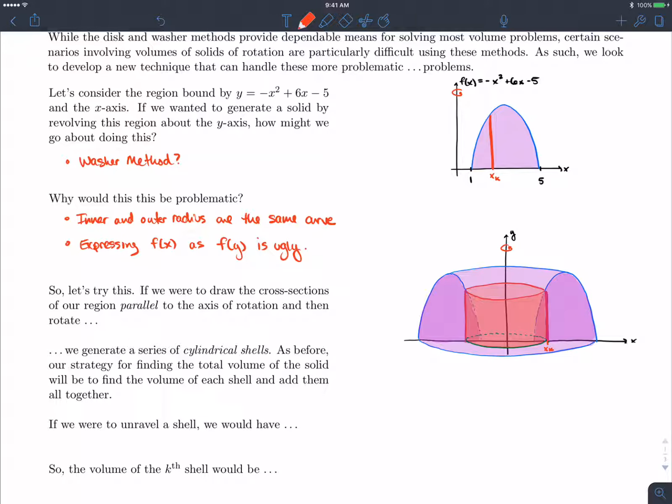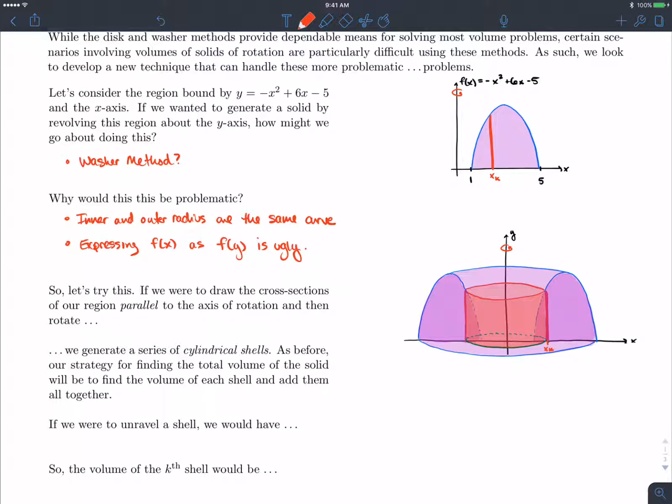The solid kind of looks like a bundt cake or the top half of a bagel. Now, in order to find the volume of this solid, we need to identify the volume of all of these shells and then add them all together. So it's similar to how we approach the disk and the washer method.